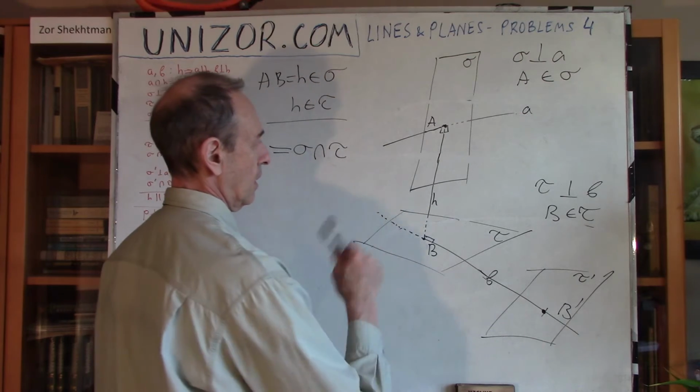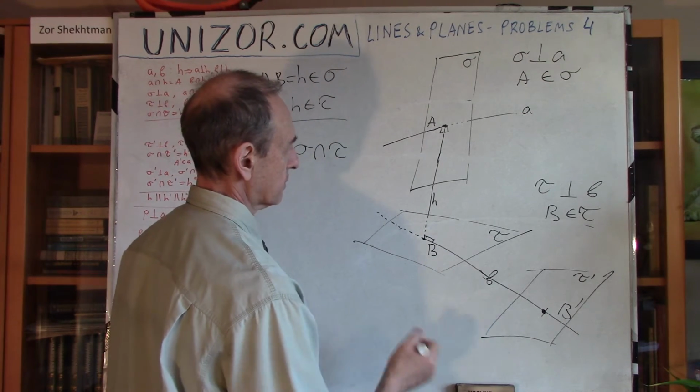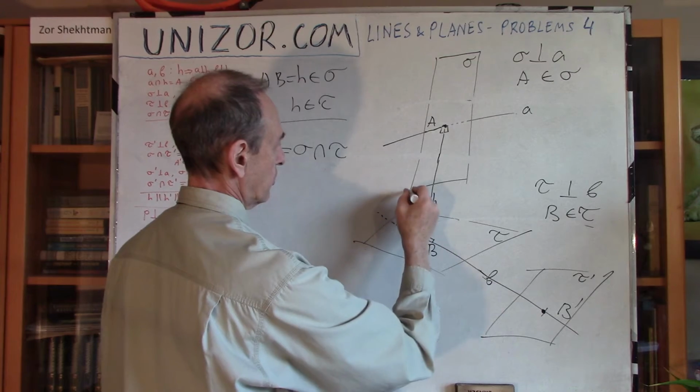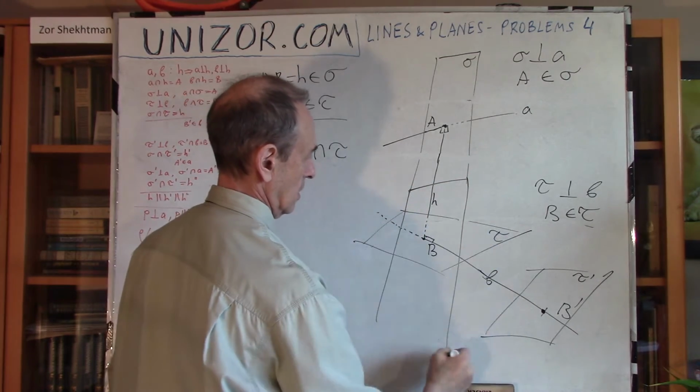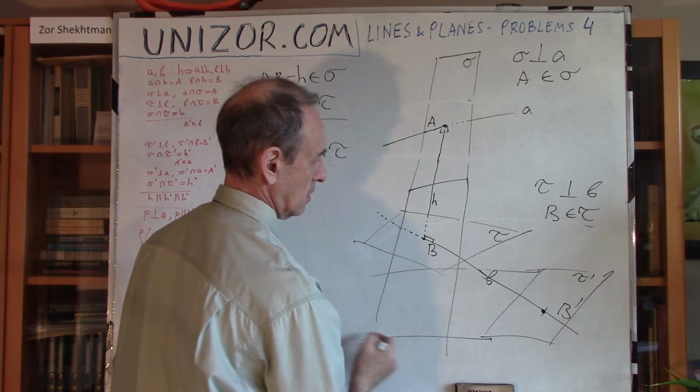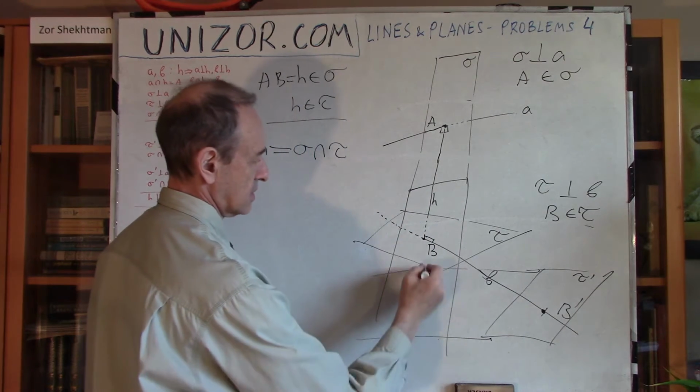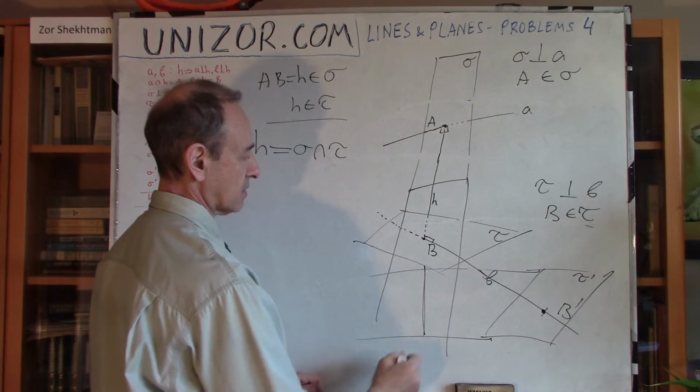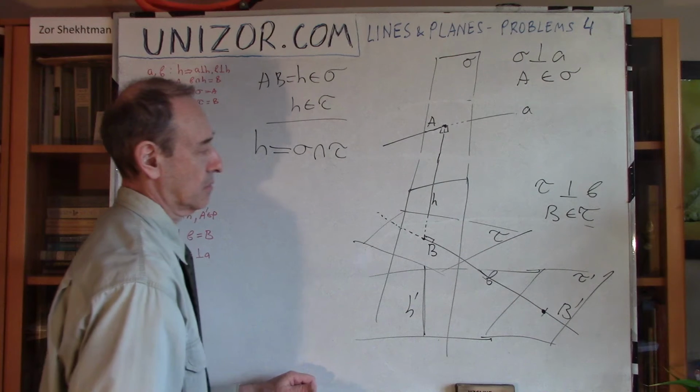Now, if I intersect the plane sigma with plane tau prime, somewhere I will get an intersection. Let's call it H prime.